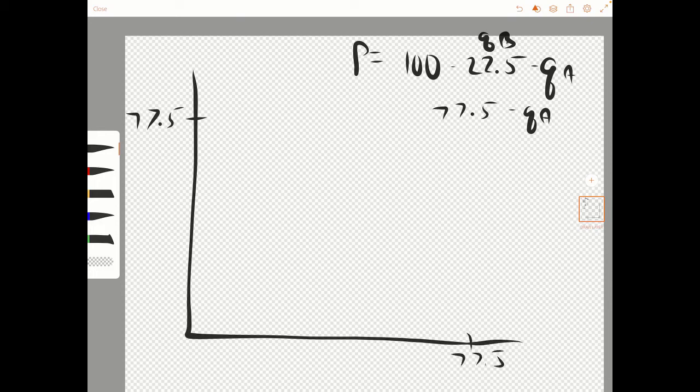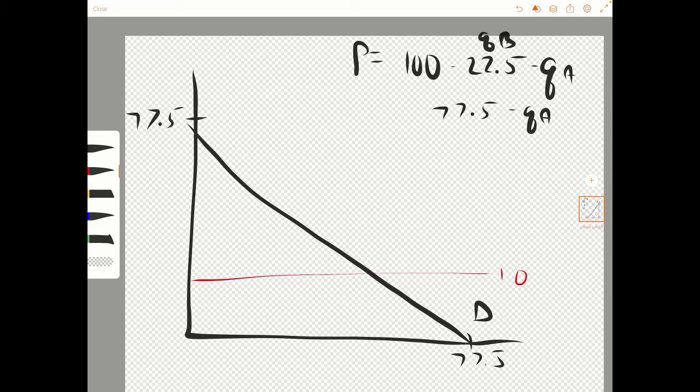It's 77.5 down here. We connect the dots, and that's the demand curve now for firm A. There's our 10 as our marginal cost. Marginal revenue curve bisects the angle, and we want to find out what's the new quantity that's going to set marginal revenue equal to marginal cost.